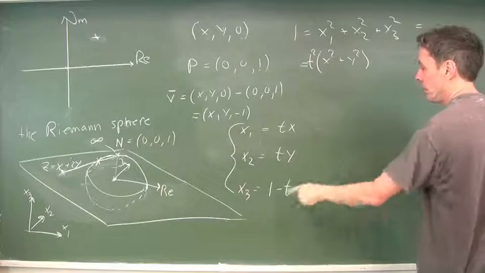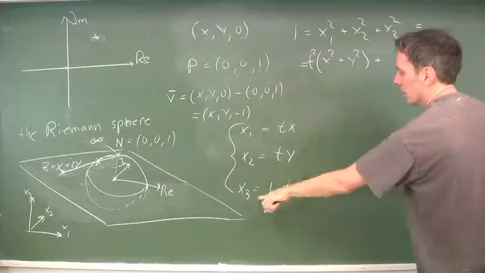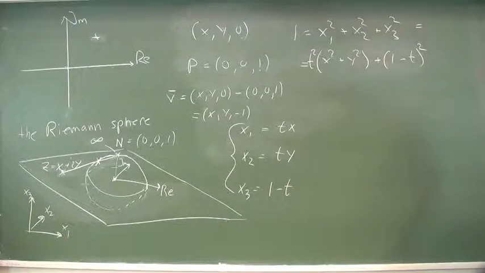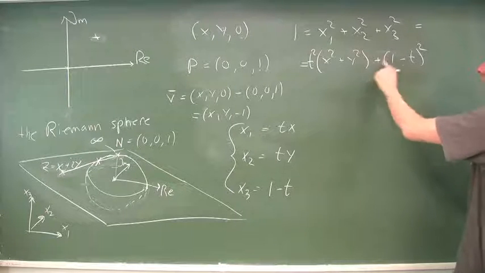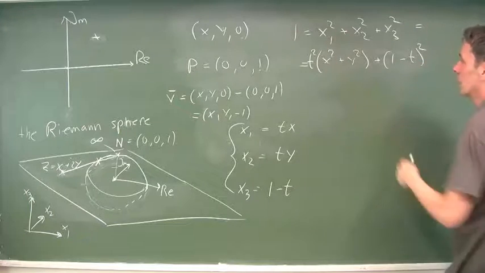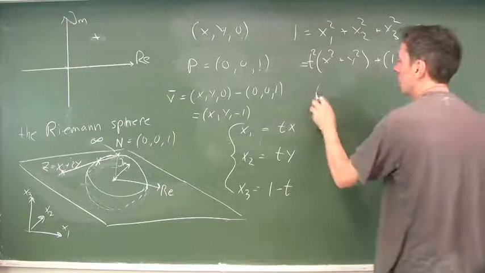And then we get this term squared also. If you now expand this square, the ones will cancel, and you can solve for t.